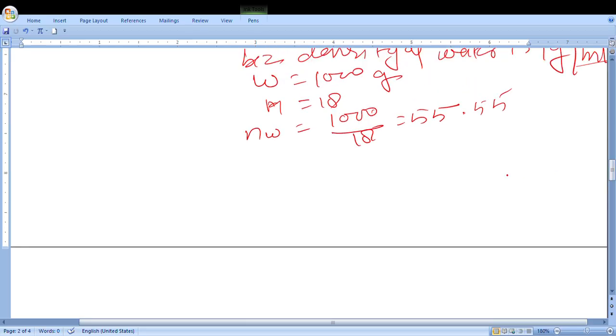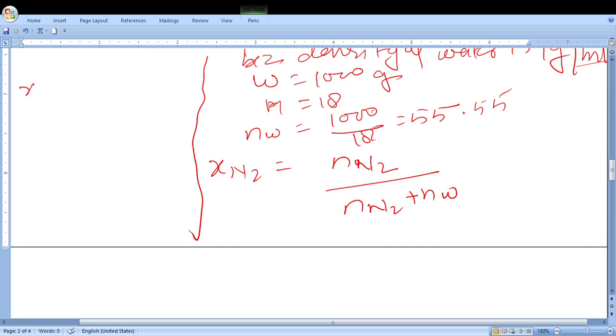Then we will calculate the number of moles of nitrogen. So here the mole fraction of N2 is equal to moles of N2 upon moles of N2 plus moles of water. We have calculated that the mole fraction of N2 was coming 1.29 into 10 to the power minus 5.